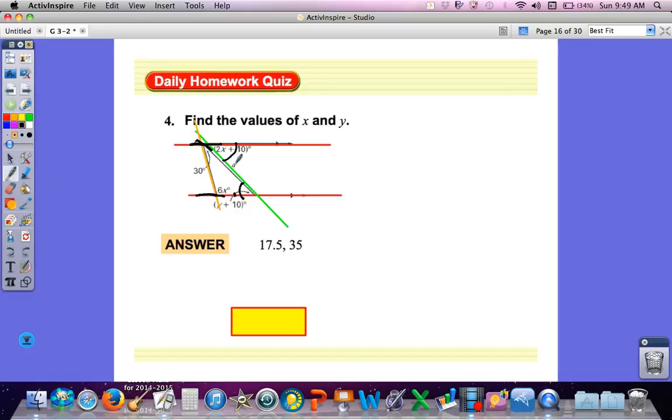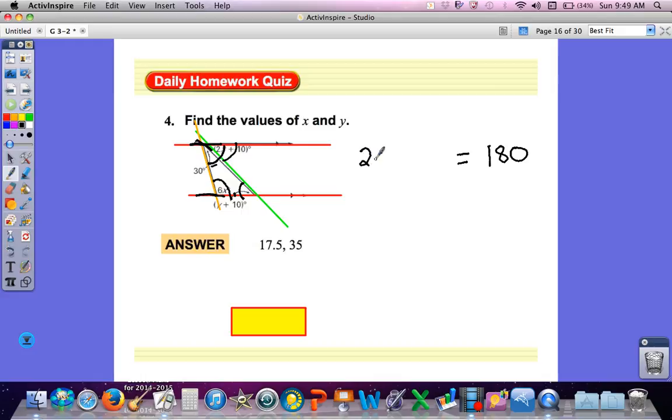So I'm going to first look at this. 2x plus 10. Is that y though? That's y, so I don't want to use that. So I'm going to use the 2x plus 10 and the 6x. Since these are both interior, this angle plus this angle is going to equal 180.